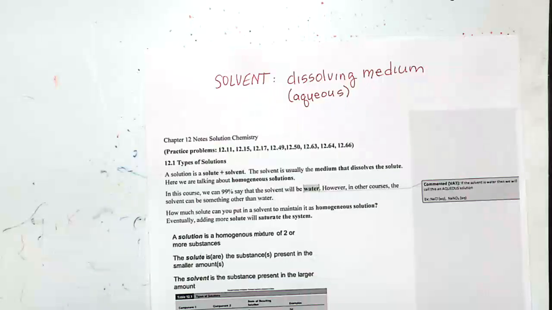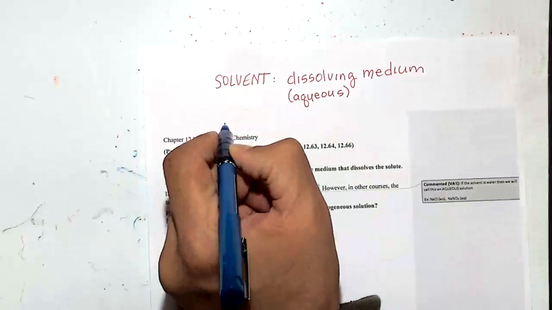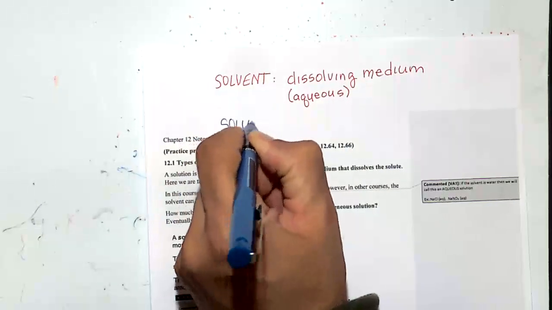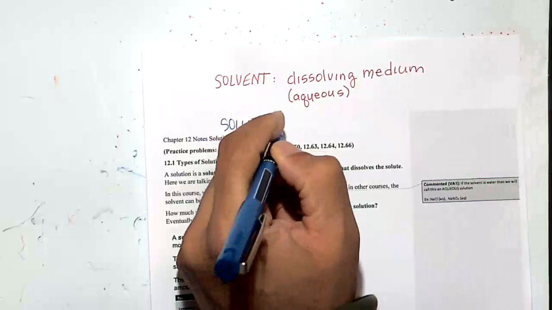Have you guys heard the term solute? How many of you, if I can see a show of hands, have heard the term solute? All right. So we're going to call this powder of glucose the solute. What do you think solute means? That's correct.